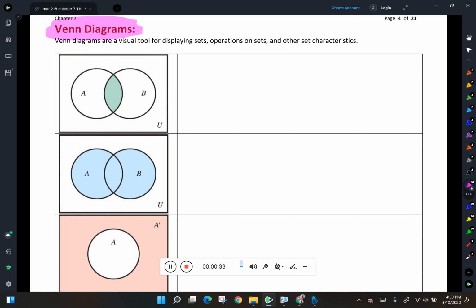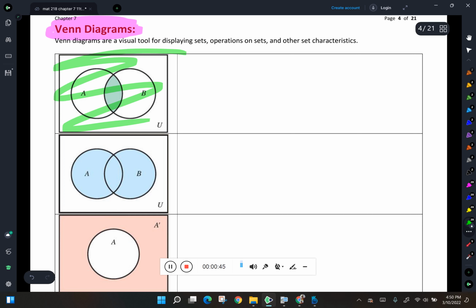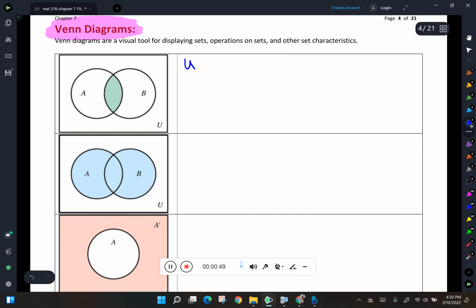For example, in this first one right here, I'll highlight it in green. In this one, we are taking a look at a picture where I have a universe, or the universal set, defined by the box on the outside.